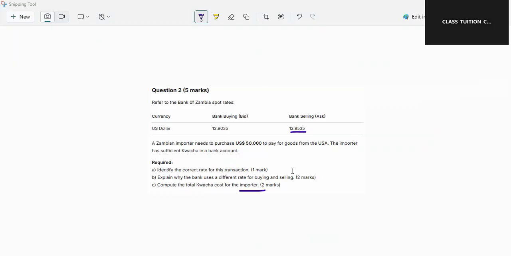The bank buys low at 90.35 and sells high at 95.35 to cover costs and make a profit on each transaction. Okay, then lastly, what is the total kwacha for the importer? We're going to multiply 50,000 times what?